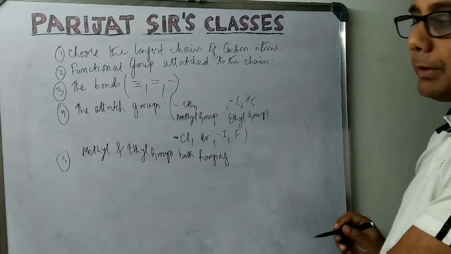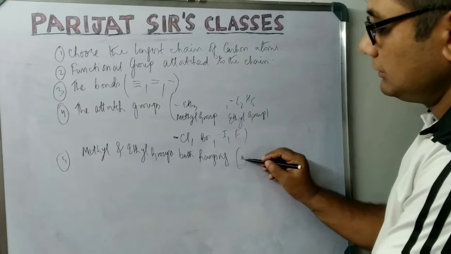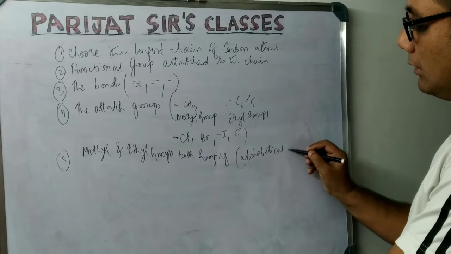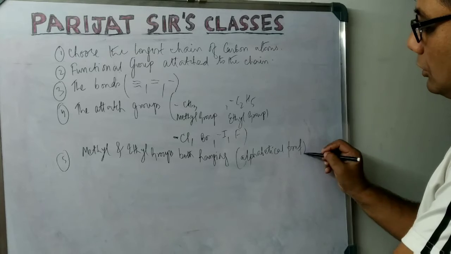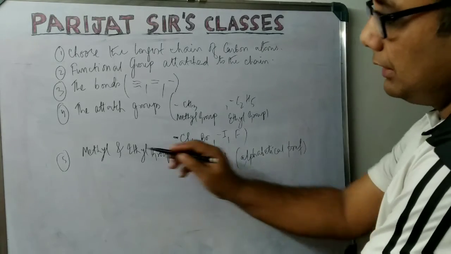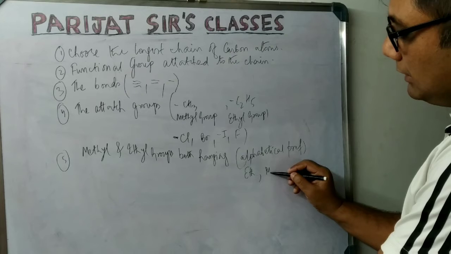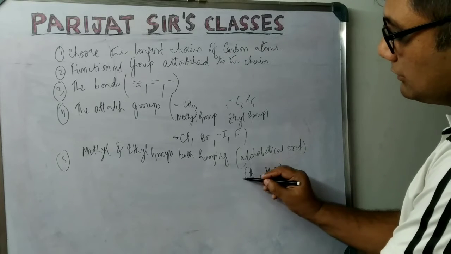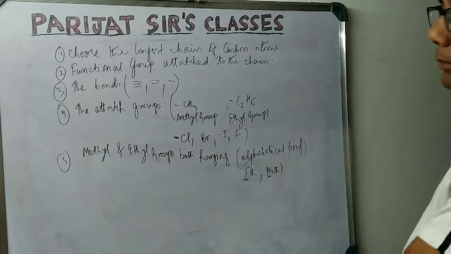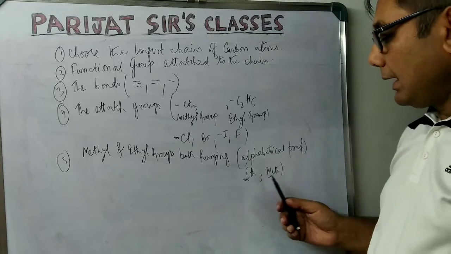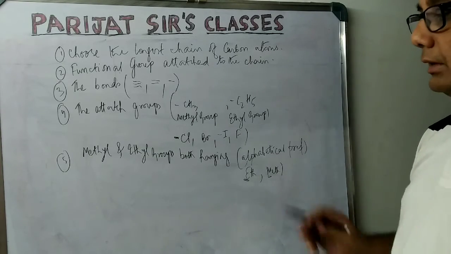So which one will you give the preference? Alphabetical preference. So what is alphabetical? Here, eth will come first, then meth will come. First E comes, then M comes. So first we will give the preference to the eth and then to the meth.